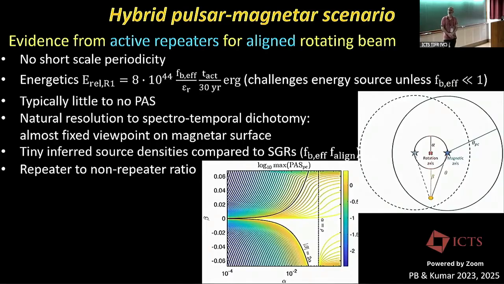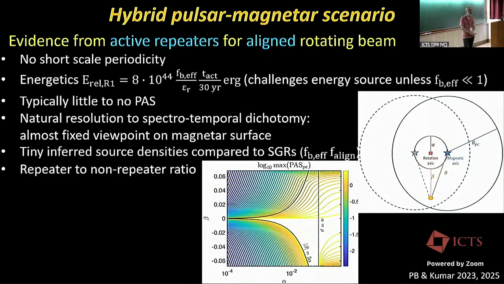In terms of the energetics, it boosts the effective beaming factor, because now all of the bursts, even if they are beamed, are preferentially coming towards the observer. So that helps with relaxing the energy requirements. It explains why there's little to no polarization angle swing between bursts and within bursts of active repeaters. It also provides a natural explanation for the spectral-temporal dichotomy.